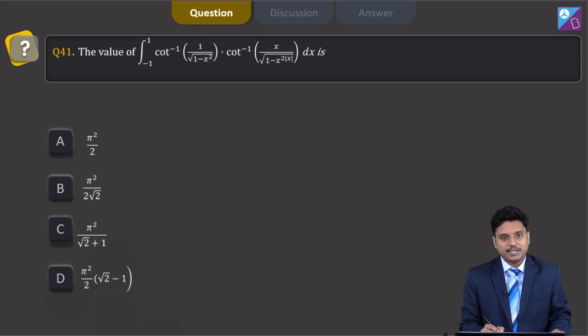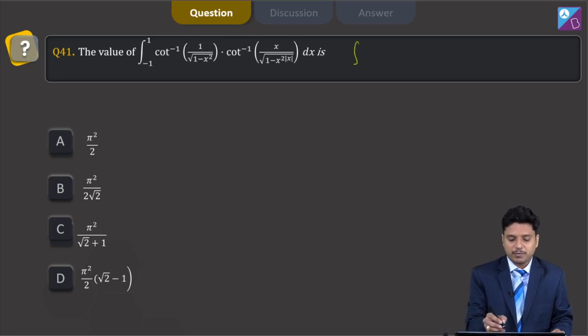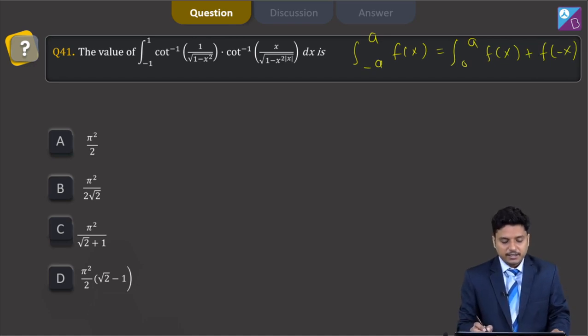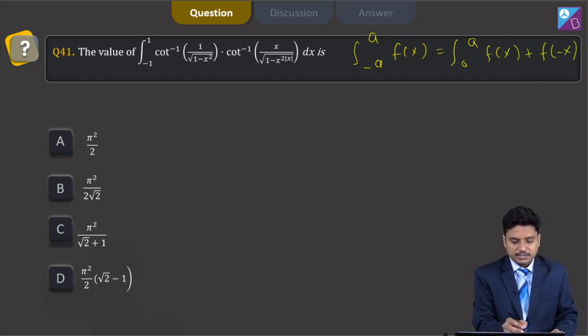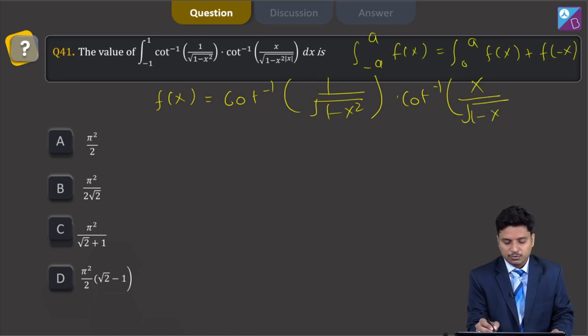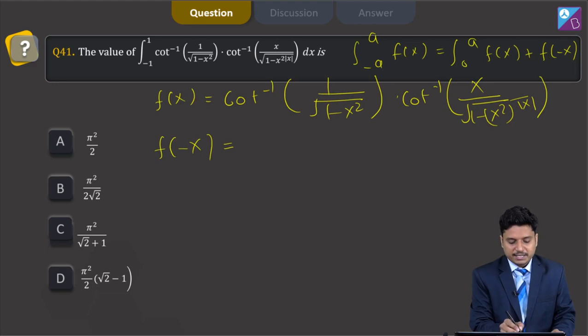If it is of type minus a to a, first of all we are reminded of the property that minus a to a f(x) dx can be considered as 0 to a of f(x) plus f(-x). So in this case, f(x) is equal to cot inverse 1 upon under root 1 minus x square into cot inverse x upon under root 1 minus x square, raised to power mod x.